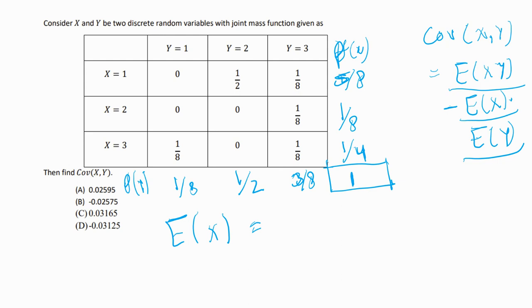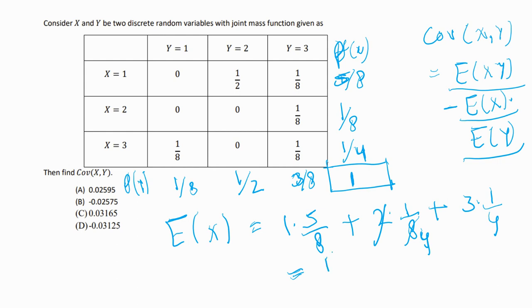So 1 times 5 by 8 plus 2 times 1 by 8 plus 3 times 1 by 4. So just solve it. 5 by 8 plus 1 by 4, 3 by 4 is 1, 5 by 8 plus 1 will be 13 by 8, right?